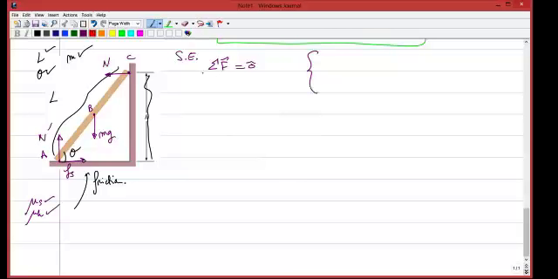Let's pick a coordinate system for us to be able to do this, and let's pick the origin, say, at point A. We're going to have Fs minus N is equal to 0, and then N prime in y minus Mg. So very, very trivial. No angles, everything is either vertical or horizontal.